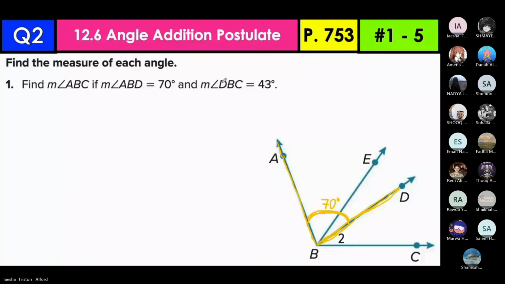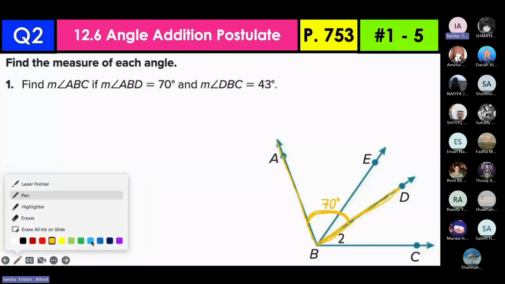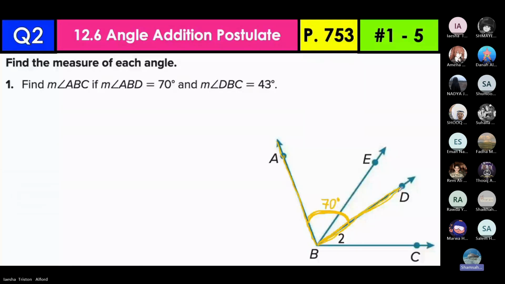Then angle DBC. Start where? From D. Start at D, go to B, and stop at C. So this part here is 43 degrees.